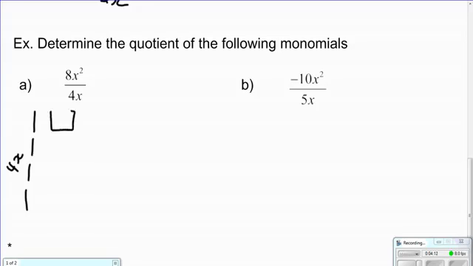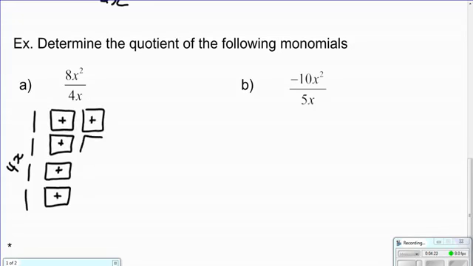So 1x squared, 2x squared, 3x squared, 4x squared, 5, 6, 7, 8x squared. So now I'm looking for the other side length, and we have a length of 2x. So 8x squared divided by 4x gives us a length of 2x.